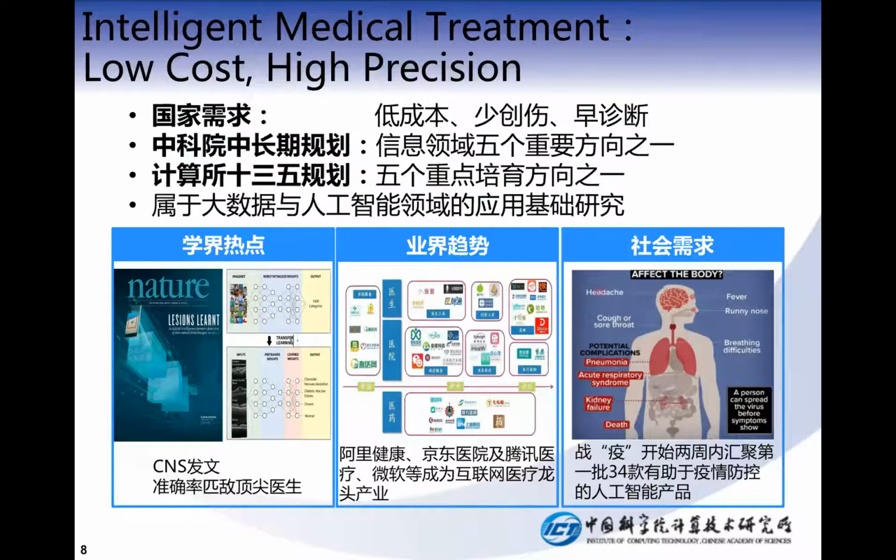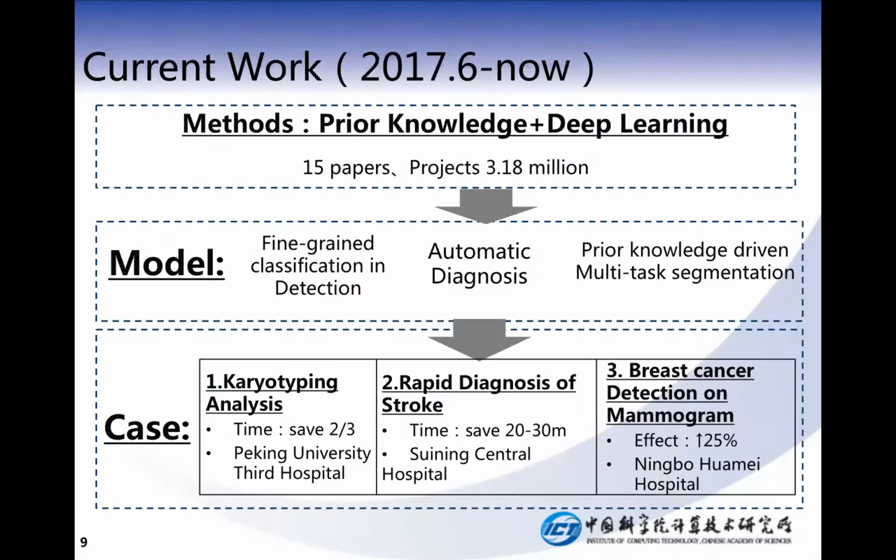We are focusing on developing a low-cost, high-precision automatic diagnosis system. Especially, we focus on developing methods of deep learning joined with prior knowledge in medicine, in which we have published 15 papers and are supported by more than 3 million in projects. Our models include fine-grained classification, detection, and prior knowledge-driven multitask segmentation.